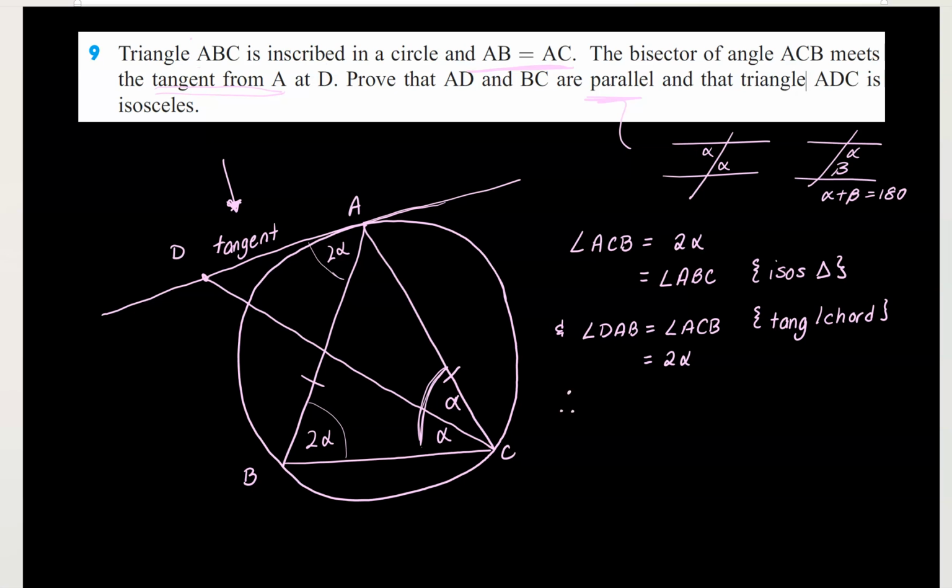So therefore angle DAB equals angle ABC, which means that AD is parallel to BC because of alternate angles. Sweet.